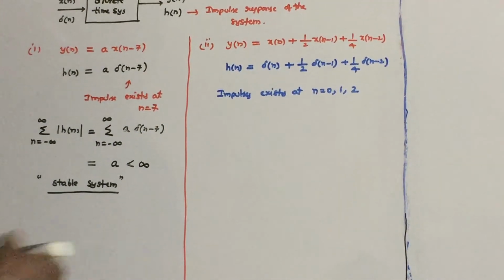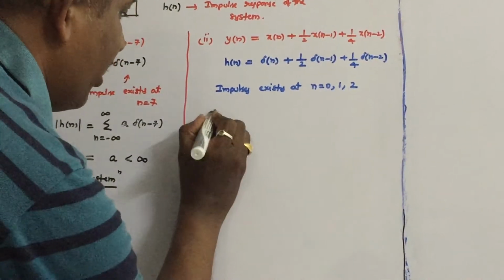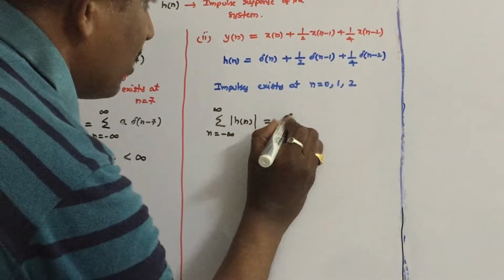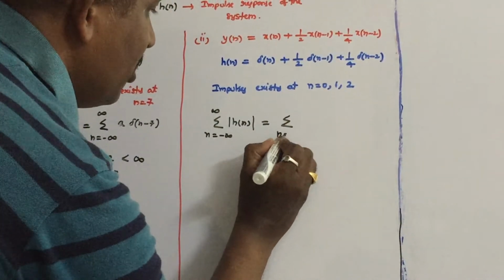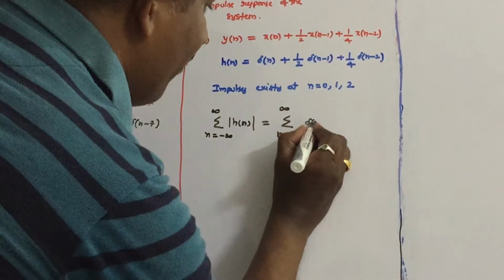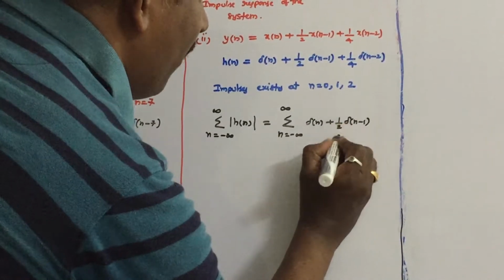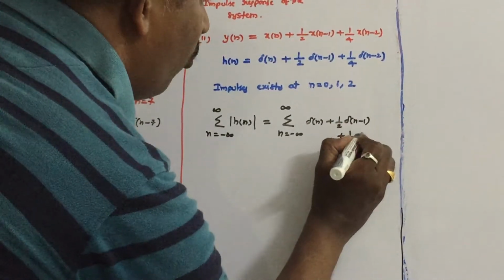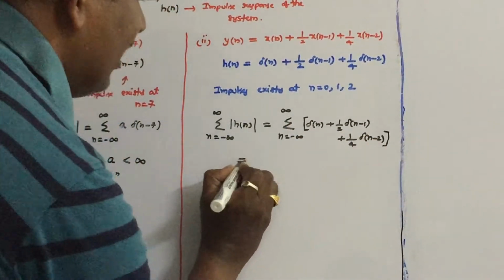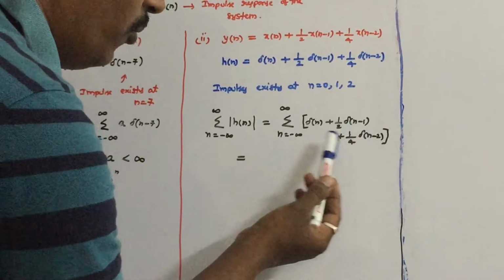So let us check out the stability condition. What is the stability condition? Summation n is equal to minus infinity to infinity modulus of h of n. So just substitute: del of n plus 1 by 2 into del of n minus 1 plus 1 by 4 into del of n minus 2.